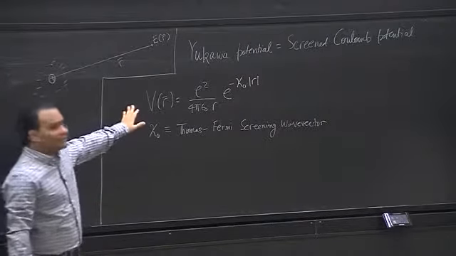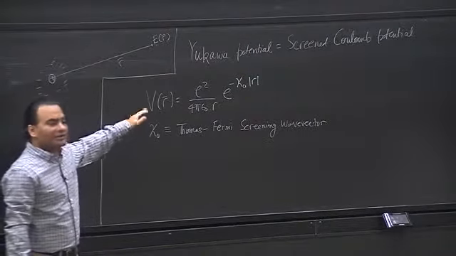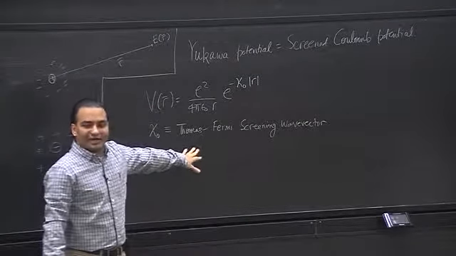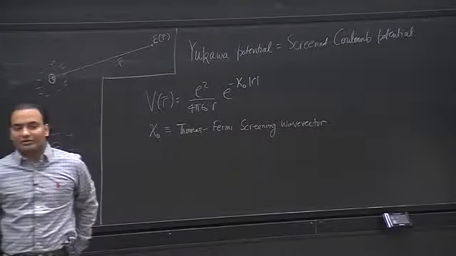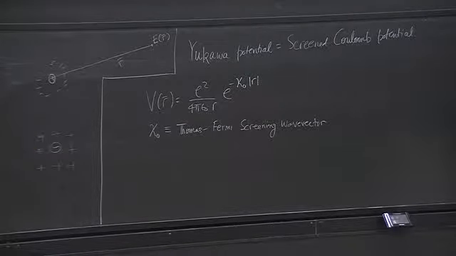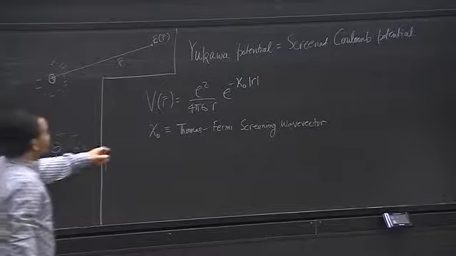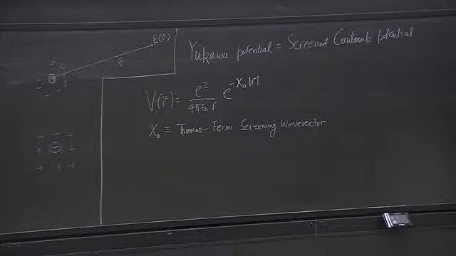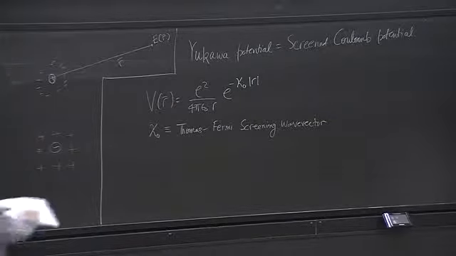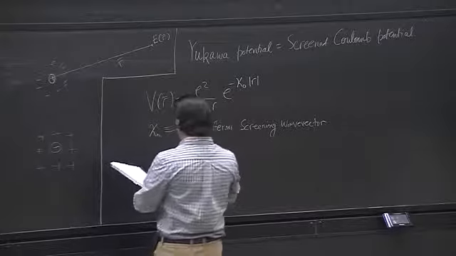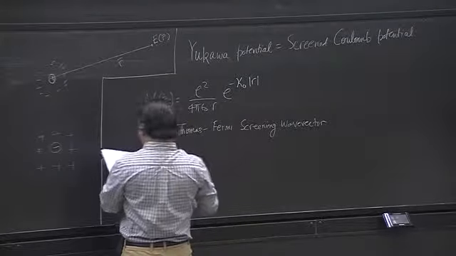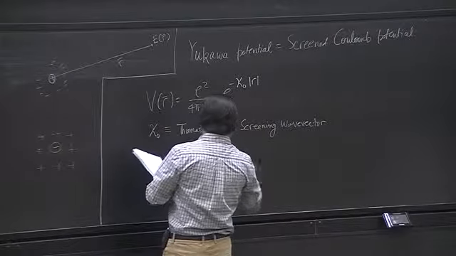So the reason we are using Yukawa potential is that if there is no screening, kappa naught is 0, it becomes the Coulomb potential, which has infrared divergence. But now if you put in this potential, in this integral here, and try to calculate the Fourier transform, you will find that V of Q for this Yukawa potential is no longer diverging.